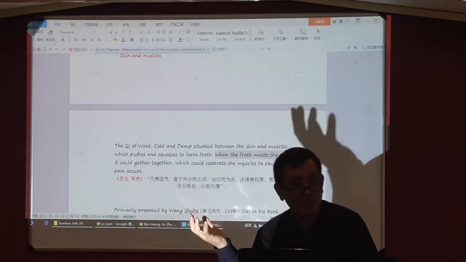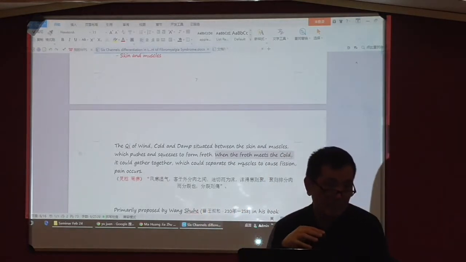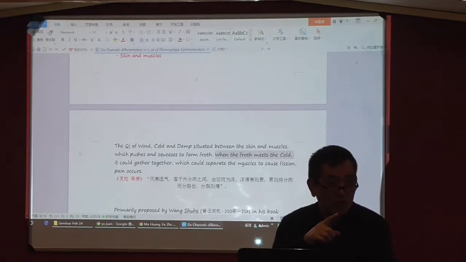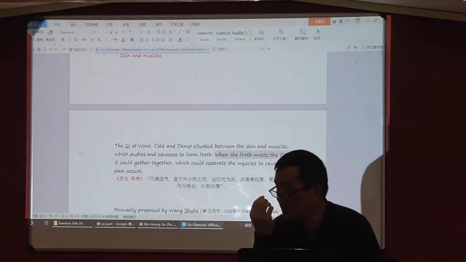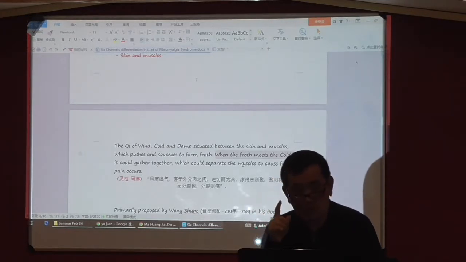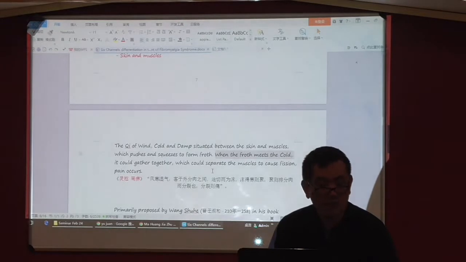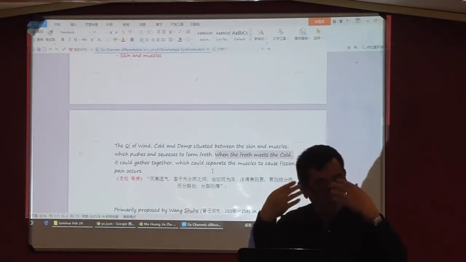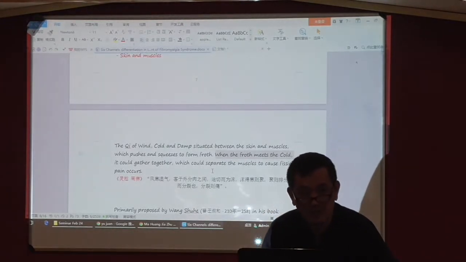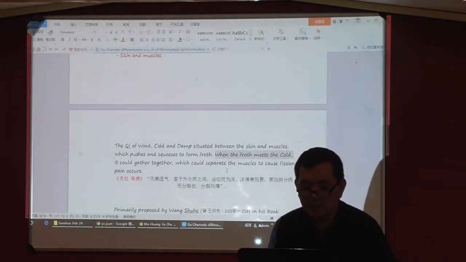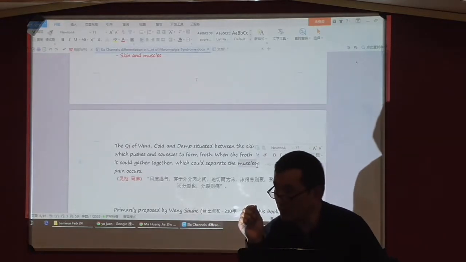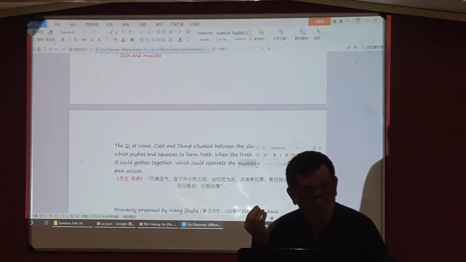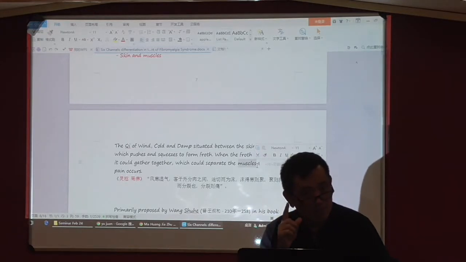Third is that they meet pathogenic factors again. That's why fibromyalgia patients should not have a common cold or influenza, because they can make the situation worse. Finally, with repeated pathogenic invasion, there will be muscle disturbance by wind cold damp. So actually fibromyalgia is exactly the good term for this area.